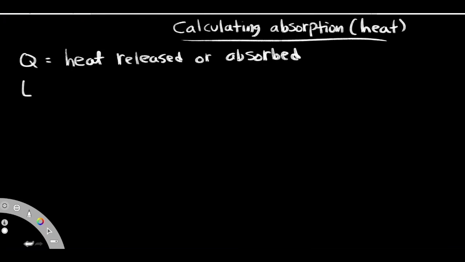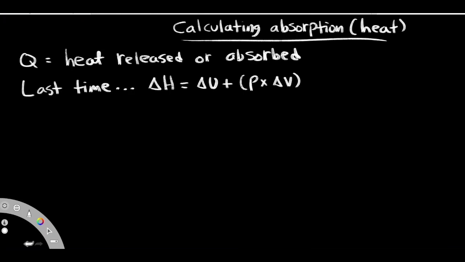Because last time, again, you should see the previous video, we got delta H is equal to delta U plus pressure, which remains constant, times the change of the volume. And this comes out of the system.